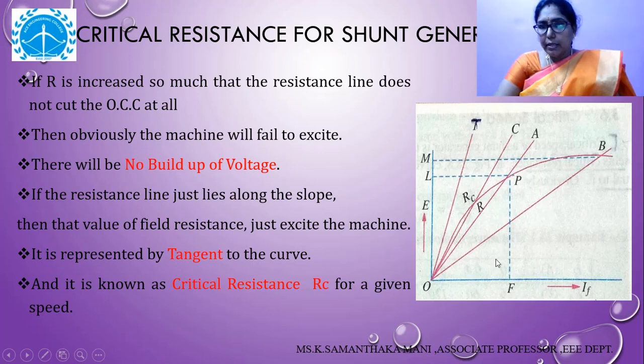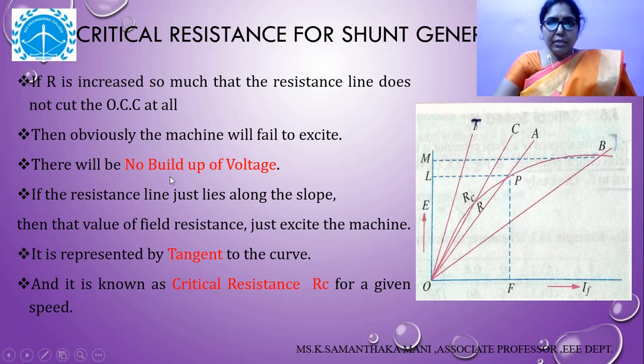First it is OB, then OA, then OC, and still I increase, this is OT. Different lines, tangents, we have taken here, and we will observe how to calculate the critical resistance.